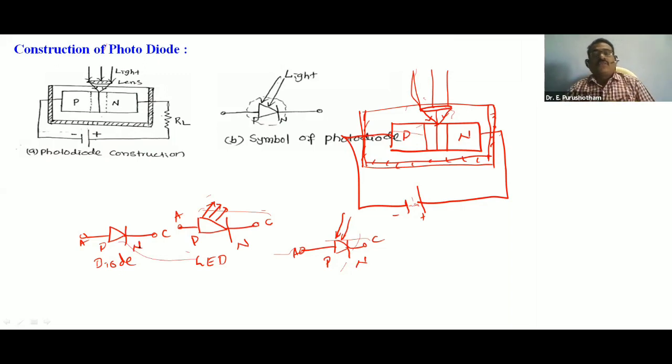So, construction of the photodiode. The PN junction diode is placed in a plastic or glass box. The photodiode is made up of a semiconductor PN junction diode kept in a sealed plastic or glass casing.